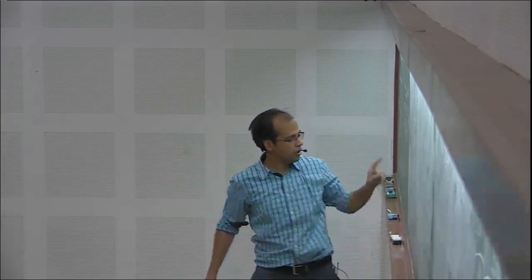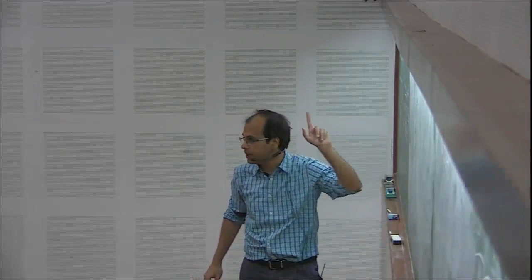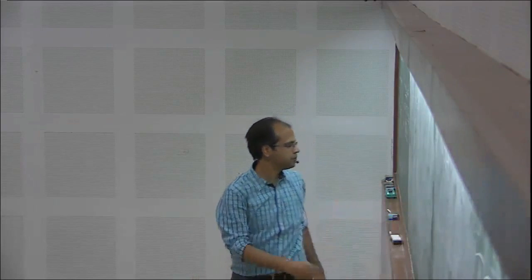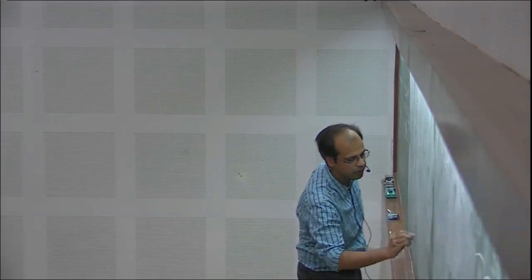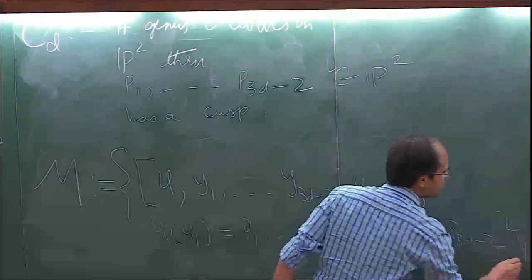So I'm looking at the moduli space of curves with 3D minus 1 marked points, not 3D minus 2, such that u of y1 is equal to p1, up to u of y 3D minus 2 is equal to p 3D minus 2. What about the last marked point? No conditions. The last marked point is free to move.